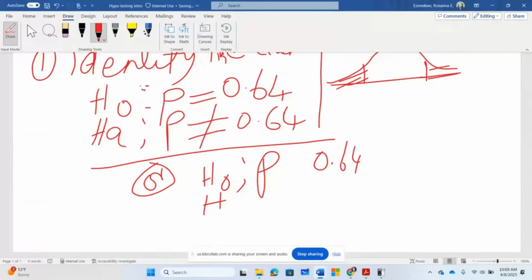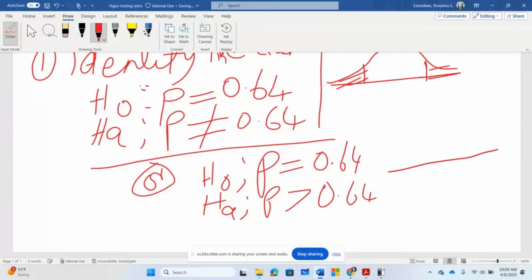I want to emphasize that the null hypothesis always has an equal sign. So the alternative hypothesis has to be greater than if the person claimed equal to. So I just corrected that. So we call this one one-tailed right. So we draw a normal curve. And so the critical region is going to be only on one side, because it's a one-tailed right test.